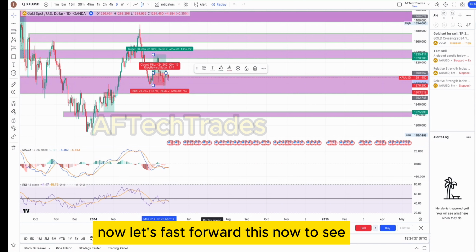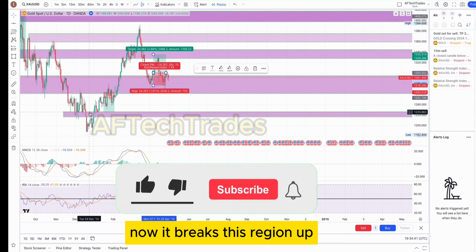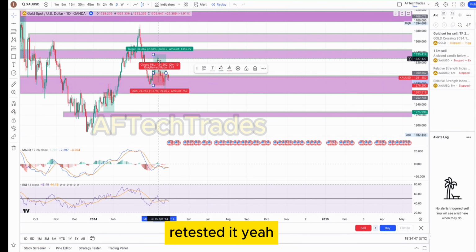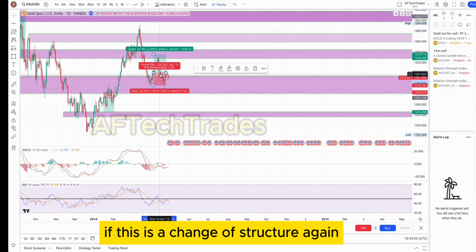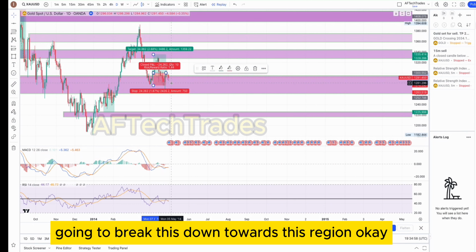Now let's fast forward this now to see. Okay, now it breaks this region up, it came back again, retested it here, it came down here. Now potentially, if this is a change of structure again, our expectation is that this is going to break this down towards this region.